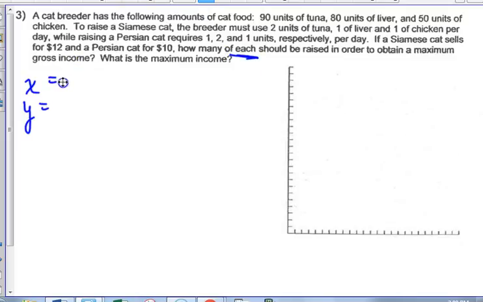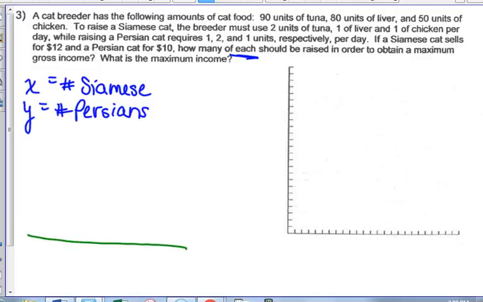So the X and Y are the number of Siamese and the number of Persians. Yeah, it's a stupid question, I know. They are picky. So, all right, what are the limits? Oh, you want to get rid of the money first? Yes. Okay. The objective function, we're trying to maximize our income.